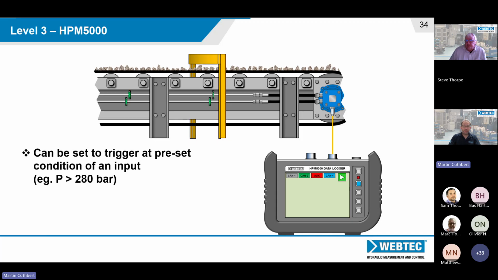If we think back to that conveyor belt example, one of the things you could have done there was set a trigger. So say, if the pressure goes over 250 bar, let's start data logging then, rather than data logging continuously. Pressure greater than 280 bar in this example.